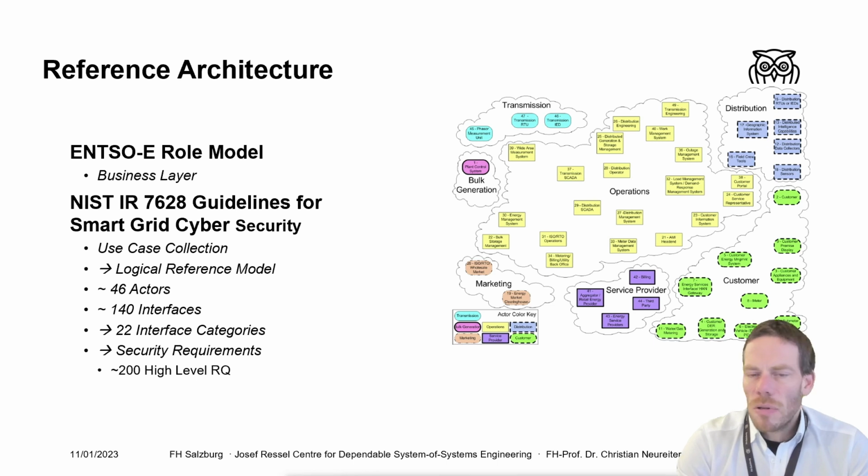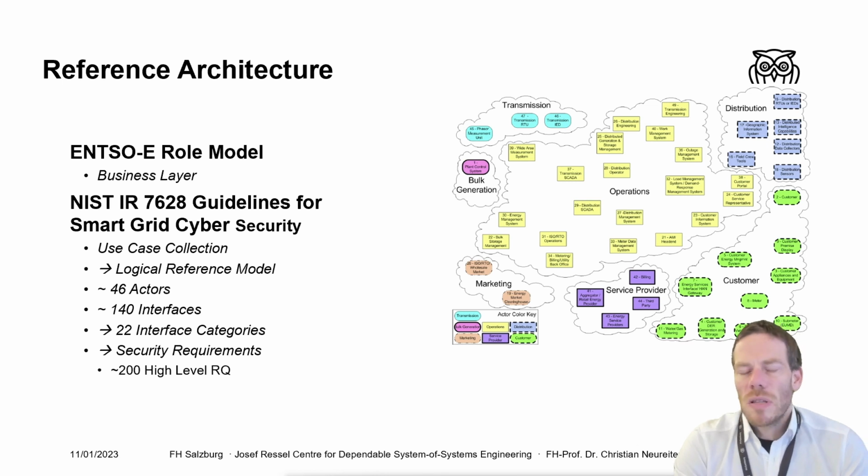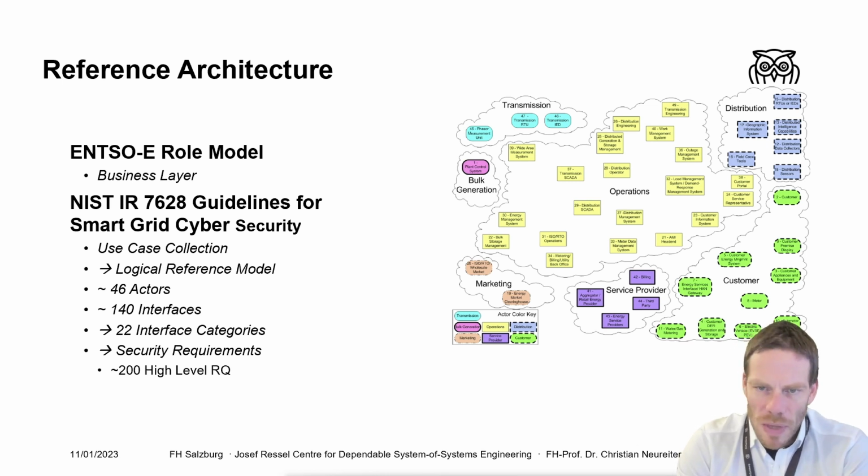The people working on this concept investigated lots of studies and work, examined in detail several use cases they found, and extracted a huge number of actors, which they finally consolidated into 46 actors.